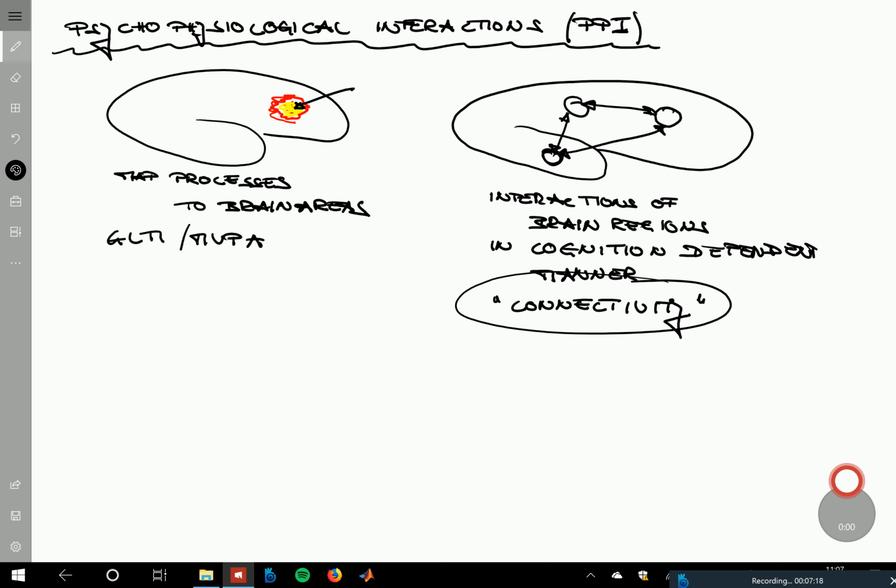The bad news is these methods, PPI and DCM, also don't tell you how neural populations solve certain tasks. If you listen to the rhetoric of people talking about effective and functional connectivity, you would have the feeling that they actually explain, based on the interactions of brain areas, how the brain can do cognition.